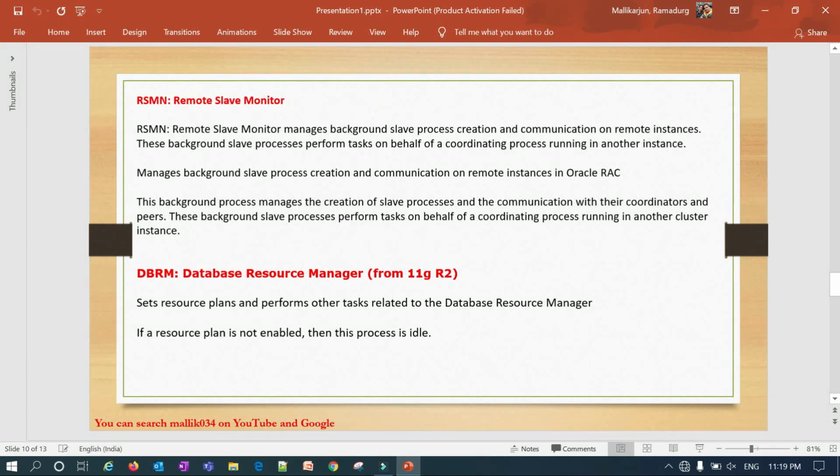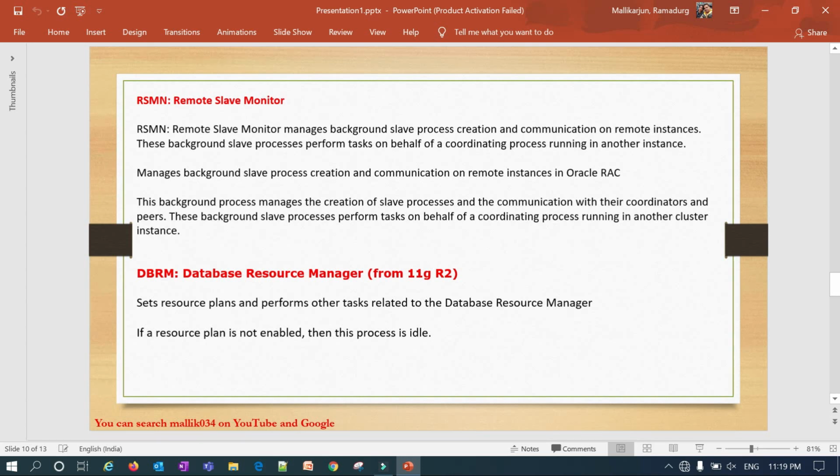Right, coming to the next, the DBRM, database resource manager. Again, it's starting from 11g Release 2. The name itself says it: database resource manager. If you want to control your resources, which instance wants to use how many CPUs, how many resources, how much IO, everything can be controlled using your database resource manager.